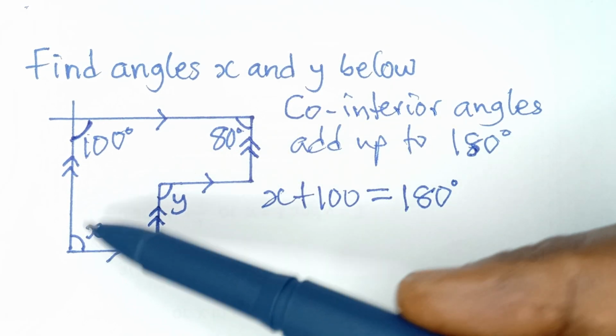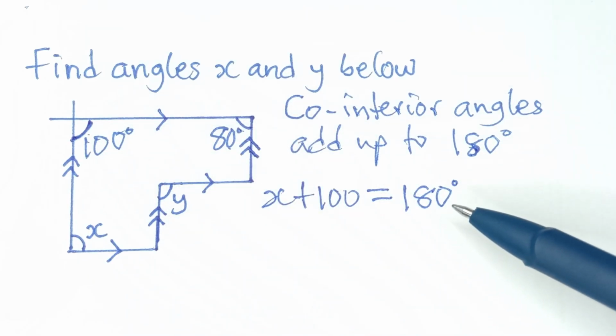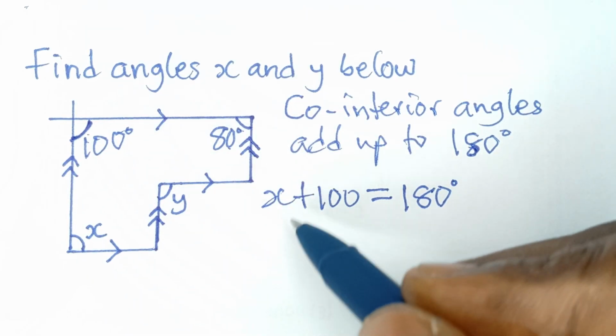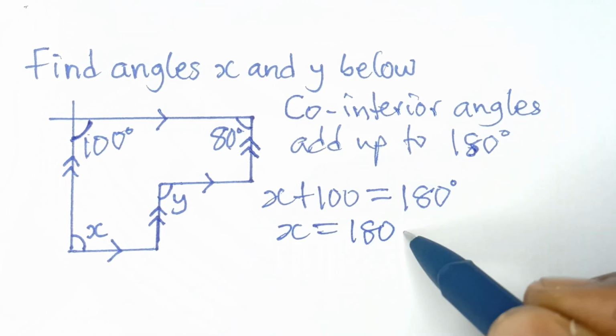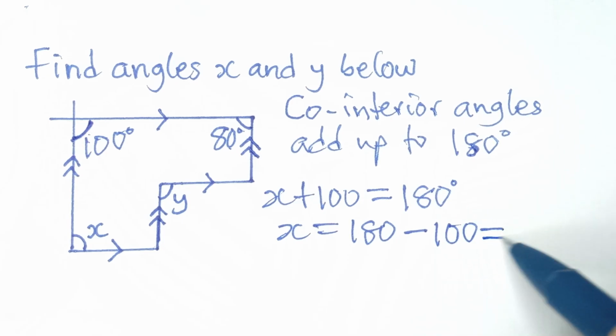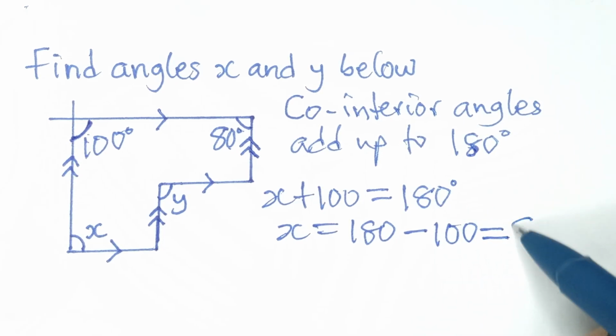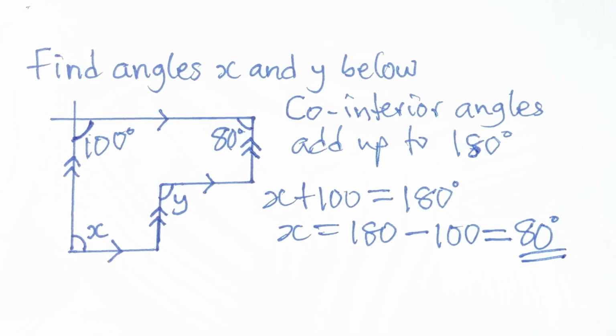So X plus 100 add up to 180 degrees as co-interior angles. So we're going to get X as 180 degrees minus 100, and that will give us X as 80 degrees. So angle X is 80 degrees.